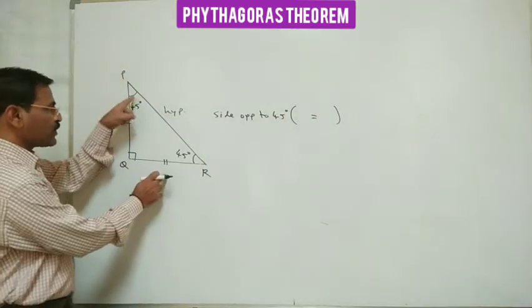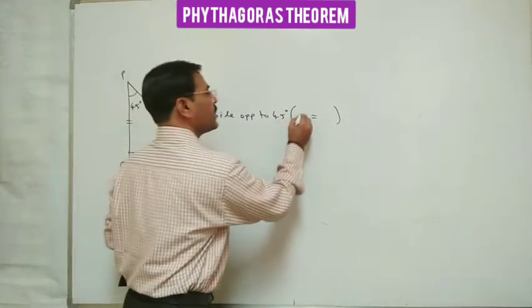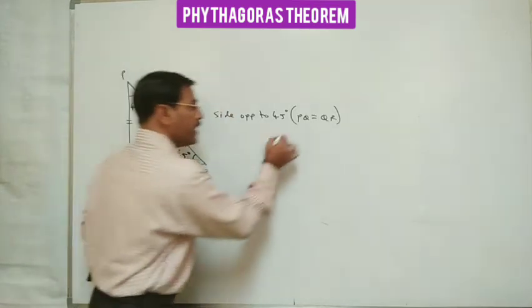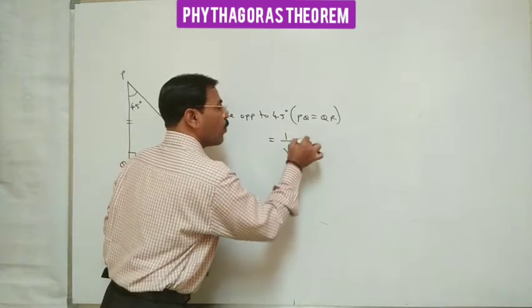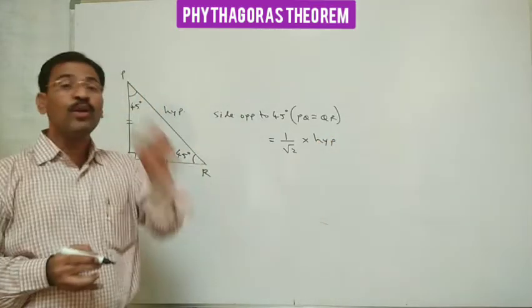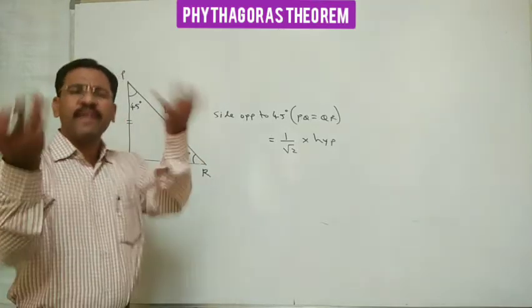This is the side opposite to 45, and here also, that means PQ and QR are both the same. Whenever it is like this, we can write it is always 1 upon root 2 times the hypotenuse. How does it come? It is very simple.